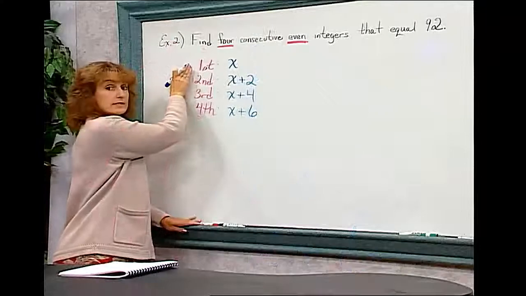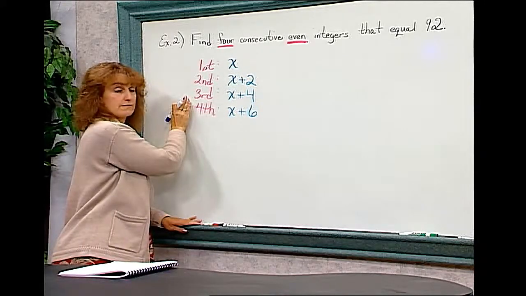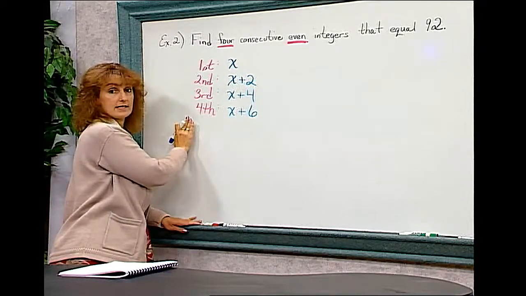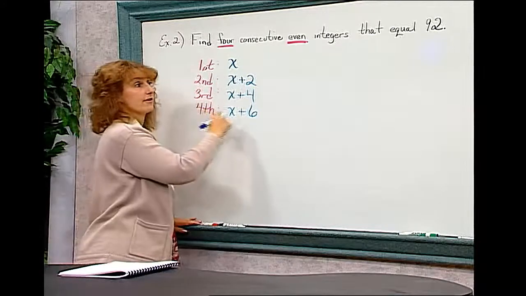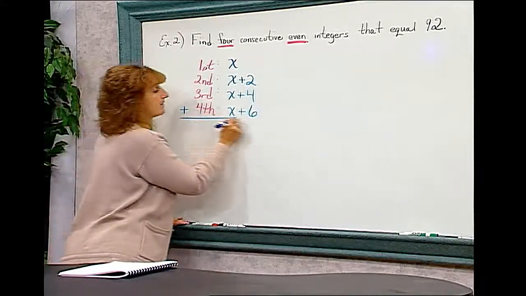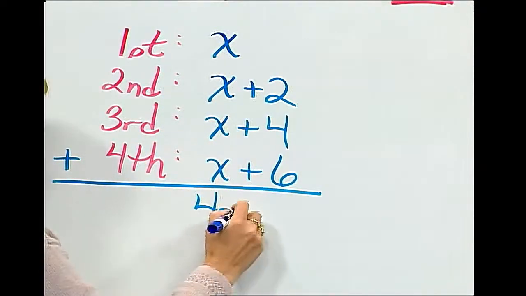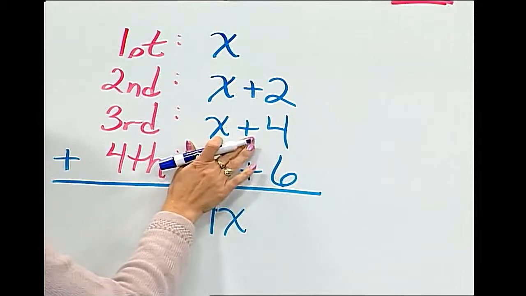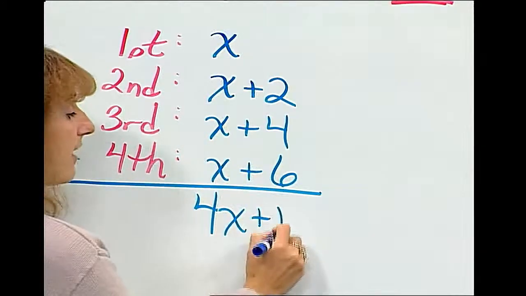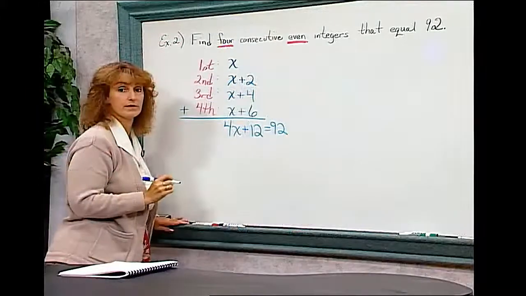So our first one is x, our second one x plus 2, then x plus 4, then x plus 6. And all together, they must equal 92. So when I add them up, 1, 2, 3, 4 x's, 2 plus 4 is 6, plus 6 more is 12. That has to equal 92.